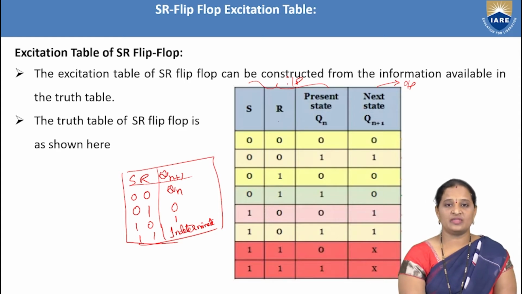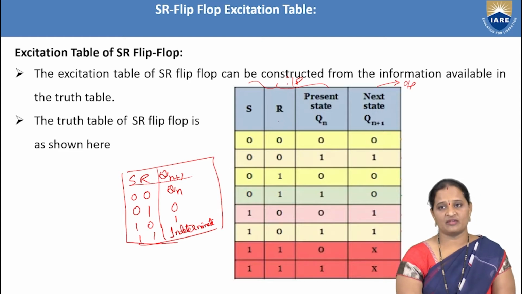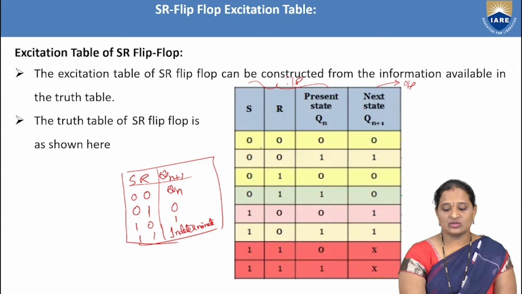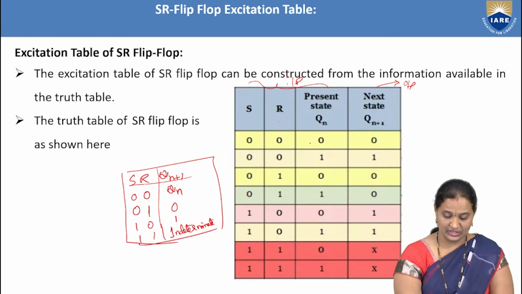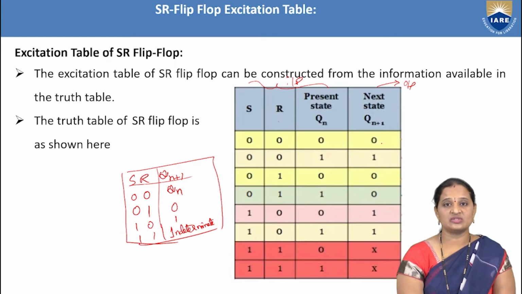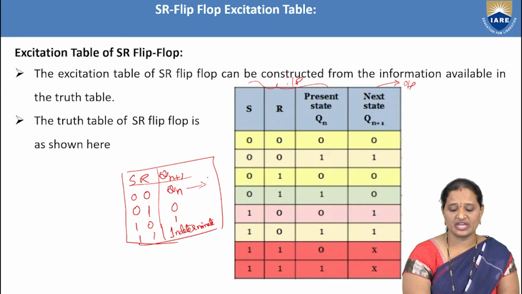Now, based on this truth table of the SR flip-flop, the extended truth table of the SR flip-flop is this one. Here I am taking S and R as 0, 0 and the present state as 0s and 1s. If the S and R inputs are 0, 0 and the present state is 0, the next state is equal to 0 because there is no change in the state.